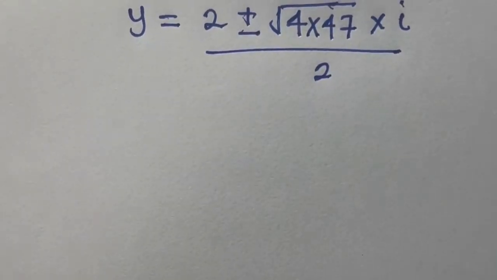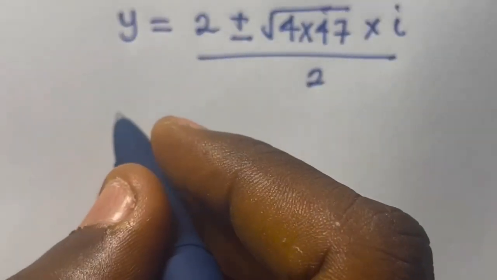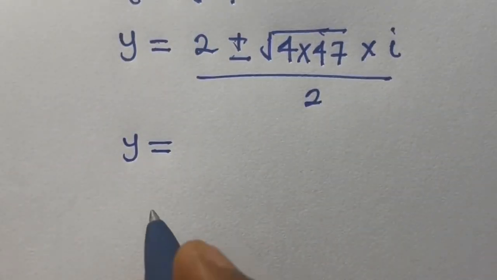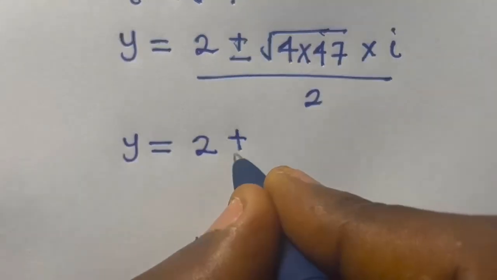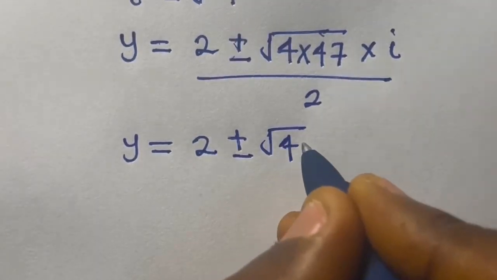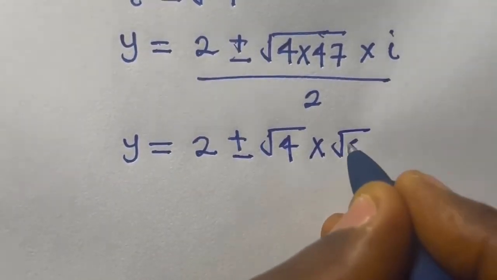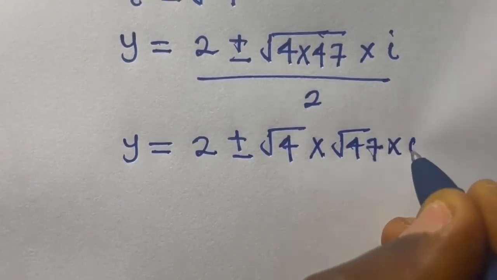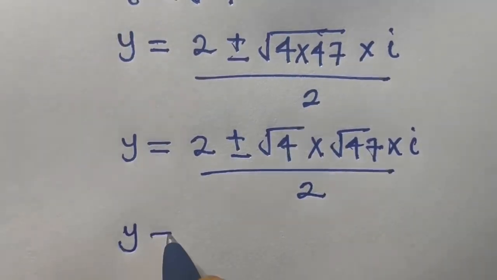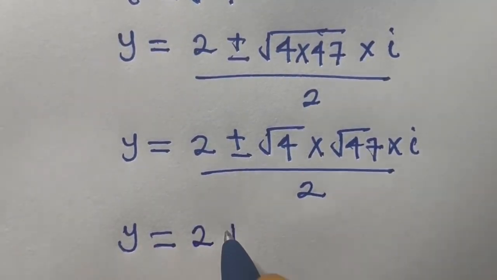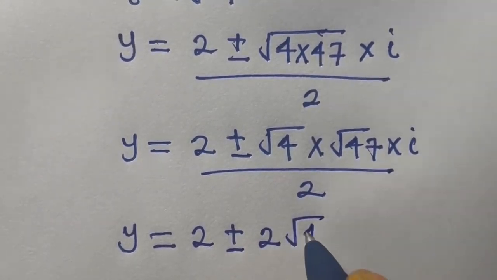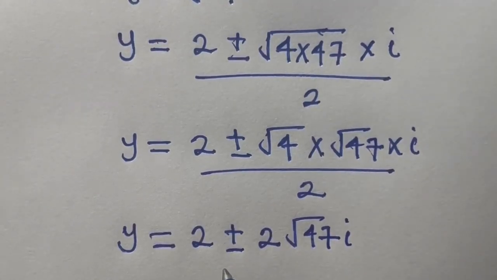So from here, we can distribute this square root to both 4 and 47. We have square root of 4 times square root of 47 times i, divided by 2. So then we have y equals 2 plus or minus, square root of 4 is 2, so we have 2 root 47 i divided by 2.